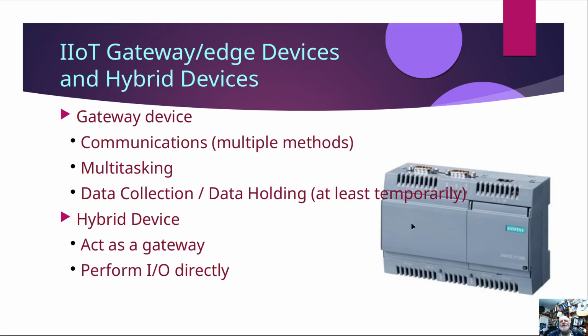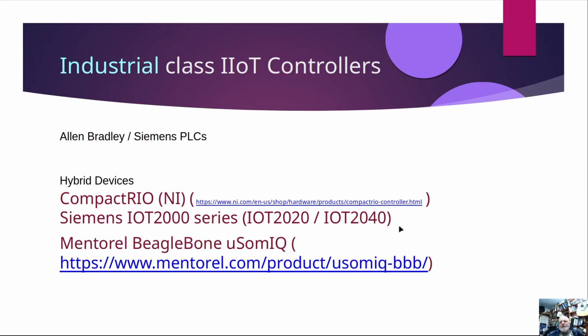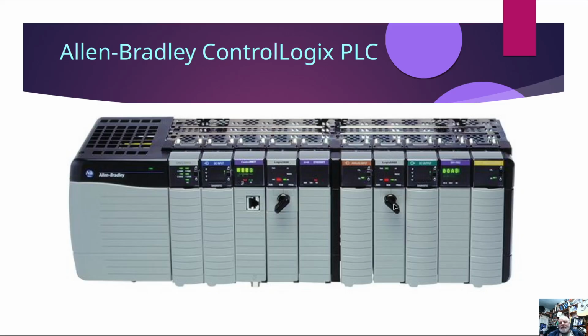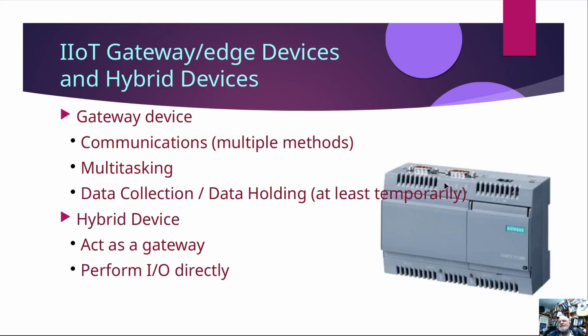So you have a real-time piece, the Arduino, where you can run some real-time code. And then it has the ability to very easily pass information up to the cloud. So this here, the IoT 2020, costs a couple hundred dollars.